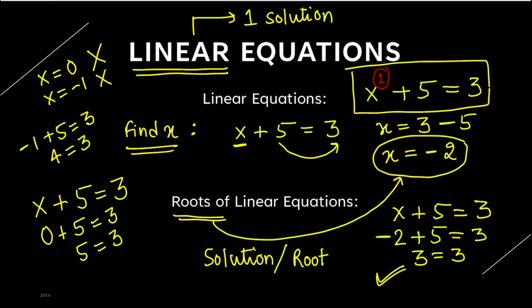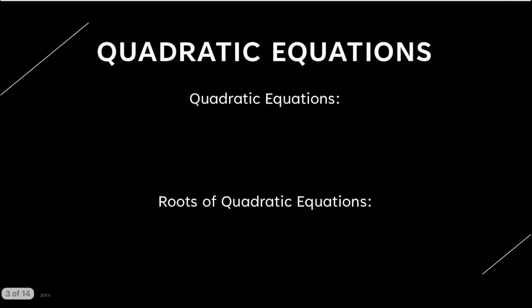Now we'll move one level up and understand what exactly is quadratic equation. We are going to draw a similar match with what we have learned in the linear equation, and compare that with what we are going to learn in the quadratic equation. As I've already told you, when the power of x is equal to 1, that is a linear equation.